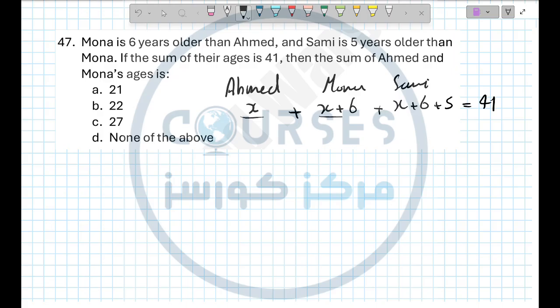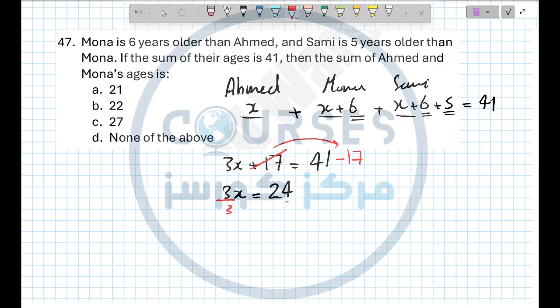So how many x's? 1, 2, 3. So 3x. What about the numbers? 6 plus 6, 12, plus 5, 17, equals 41. Send that 17 as a negative 17 to the other side. So we would have 3x equal 41 minus 17, that's 24, divided by 3, divided by 3.